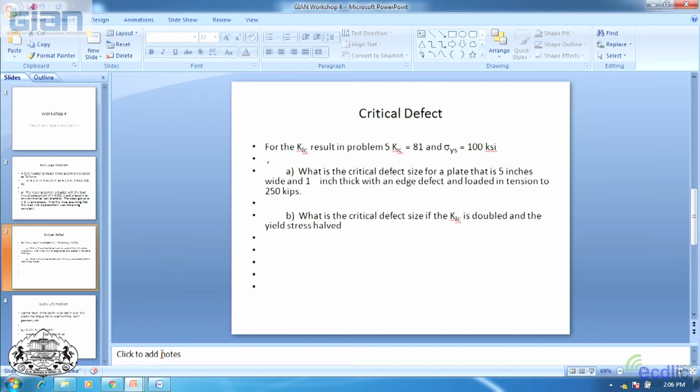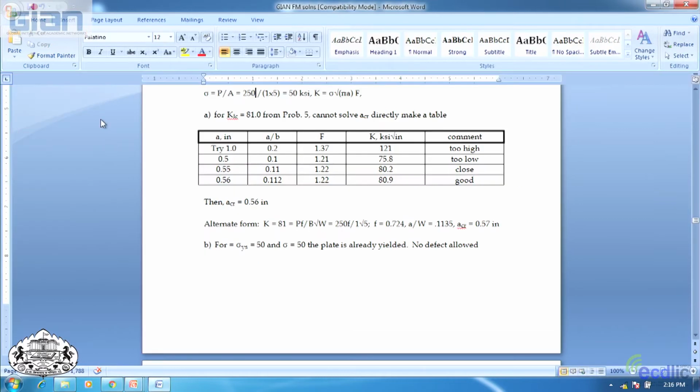Okay, save paper. In my solution, so try to fix that. I think it's okay.